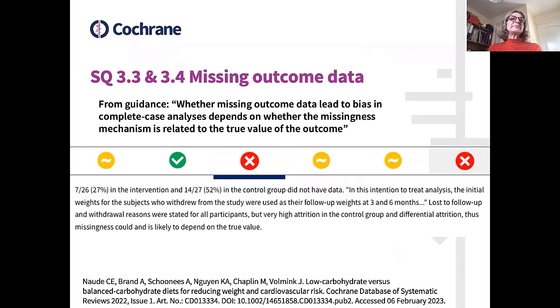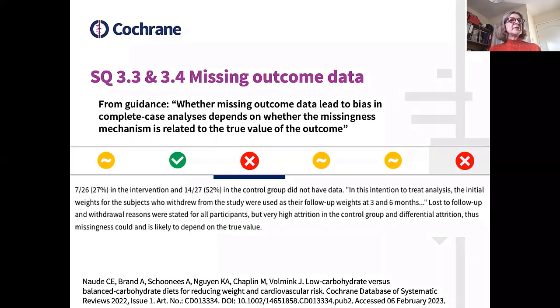Okay, so what you're looking at here is you need to think about whether the missing data is actually different from the true value of the outcome.